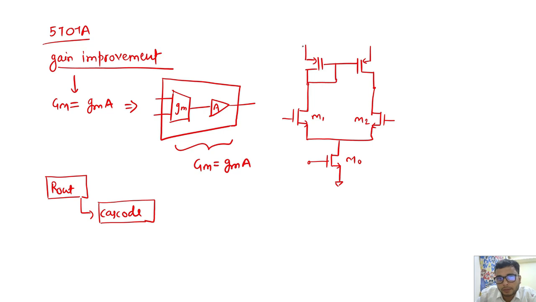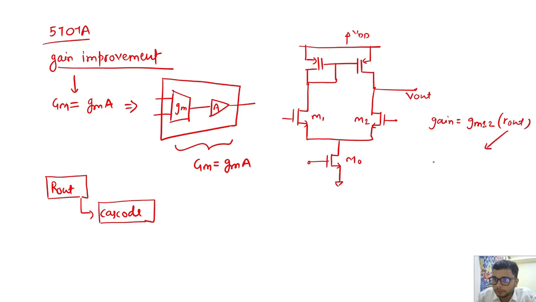The gain was simply GM of input pair times R out. R out was RDS2 parallel RDS4.